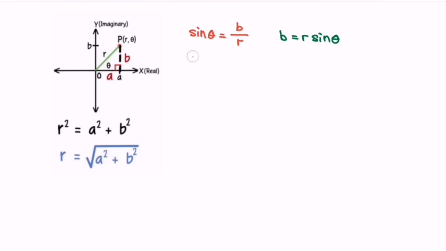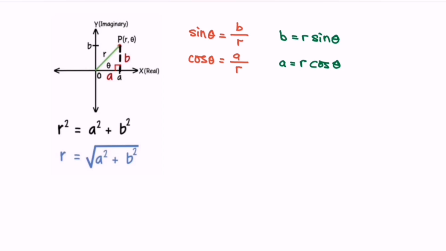Next, we have cos theta. As we all know, cos theta is equal to adjacent over hypotenuse. Here the adjacent is A and the hypotenuse is R, and we can get A is equal to R multiplied by cos theta.